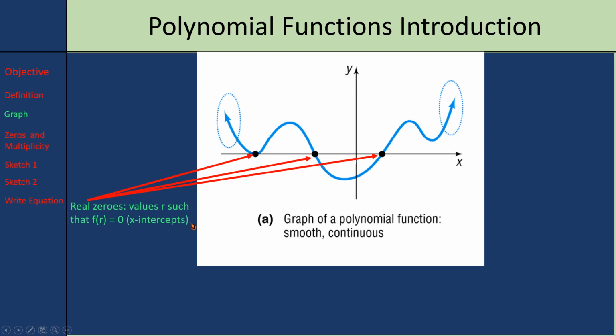In this case, we call them real zeros because you can have imaginary ones. But the real zeros are values r such that f of r is equal to 0. Basically, whatever number you put in here makes f of x equal to 0. They're basically called the x-intercepts. We know this already, right? You put the x-intercepts in, you get 0 for y.